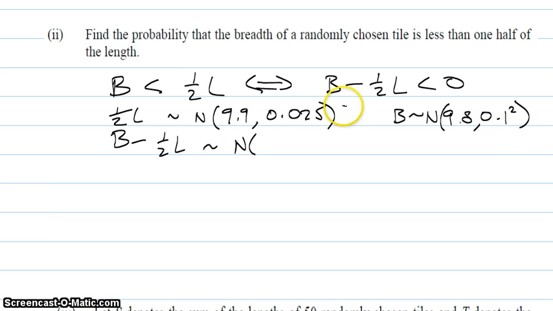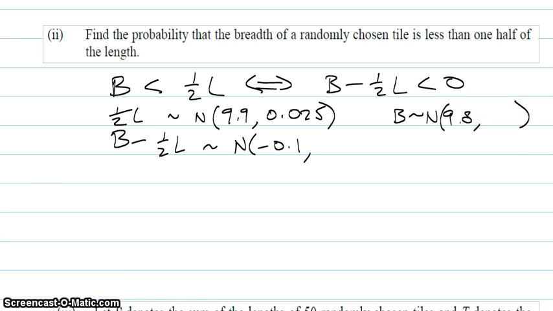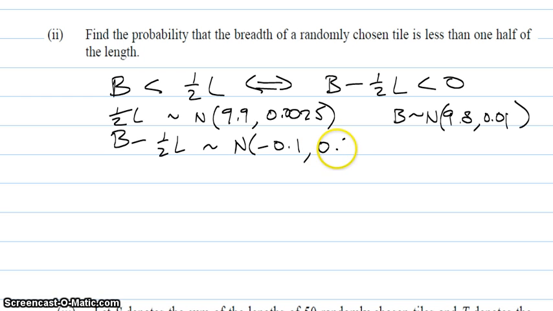So we subtract 9.9 from 9.8 to give us the mean, which is minus 0.1. And with the variances, instead of subtracting, remember, we have to add them. So 0.1 squared is actually 0.01. And sorry, I think I got this wrong, because the variance should be 0.0125.